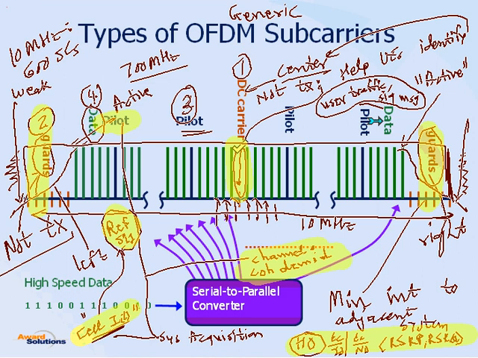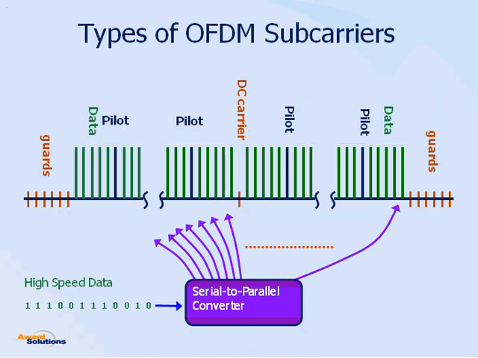So I mentioned that pilot, we call it reference signal. Now maybe I can clear this up. I mentioned that if I have 10 megahertz spectrum, I have 600 subcarriers. So actually, those 600 are here.